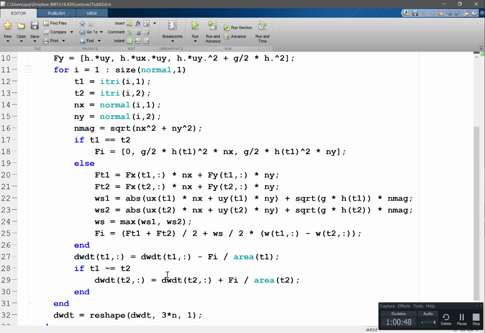Yes? For the absolute U term, should it be the magnitude if it's a vector? Right now you're just taking the absolute, right? You're not taking the magnitude. Yeah, this is taking the absolute value of the normal component of the velocity. So this line is basically the dot product of the interface normal with the velocity, right?